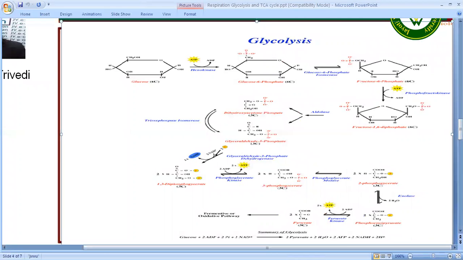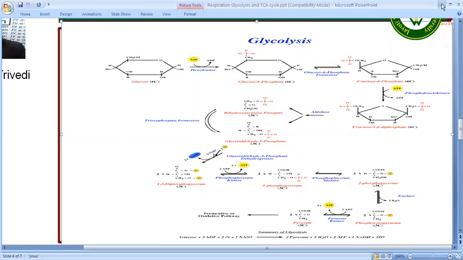Now what happens here? The glycolysis takes place in absence of oxygen. The glucose molecule reacts with ATP in the presence of enzyme hexokinase, and is converted to glucose 6-phosphate.